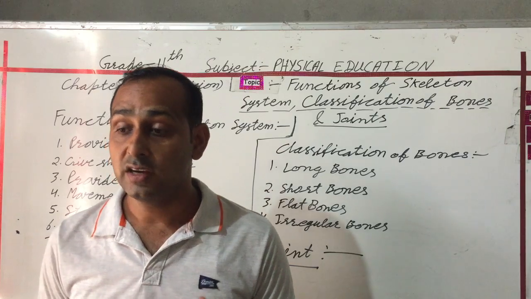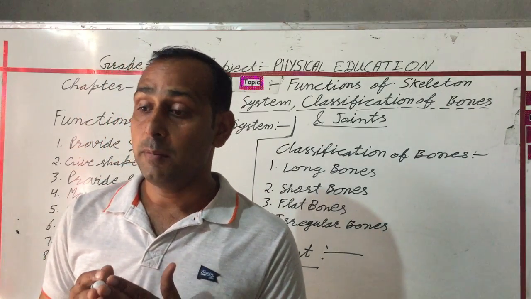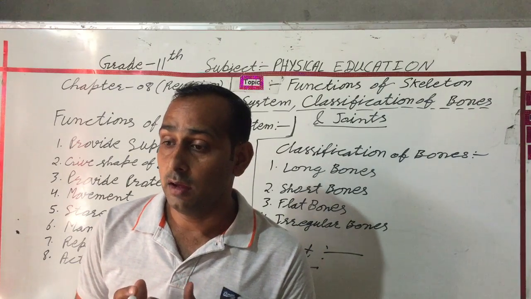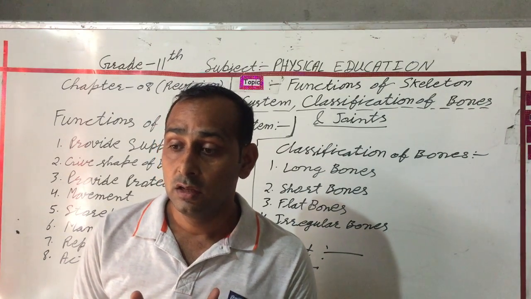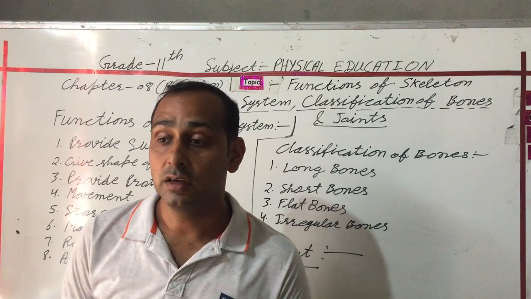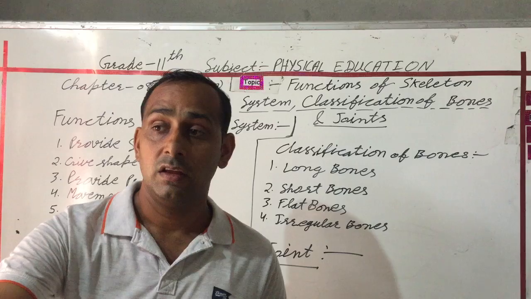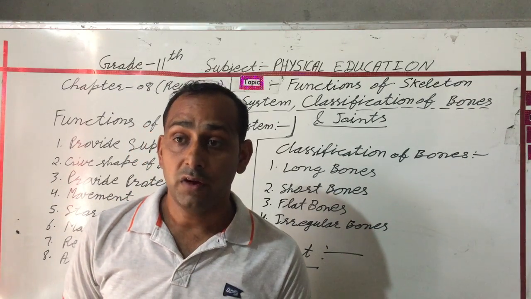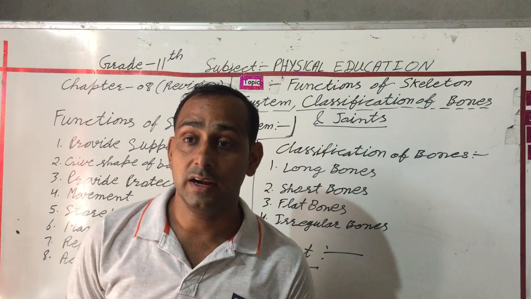Further, these joints are covered by thin membranes called synovial membrane. These synovial joints are again of various types. Okay, so next, the freely movable joints are further classified into 6 categories.